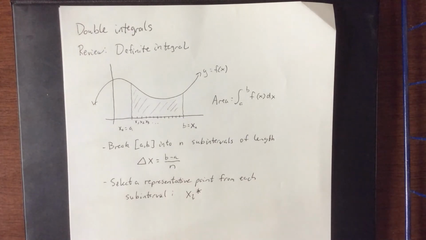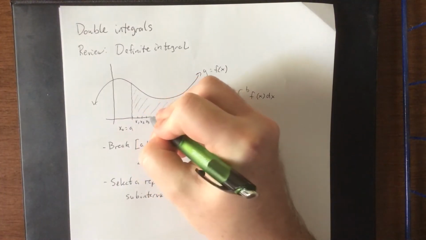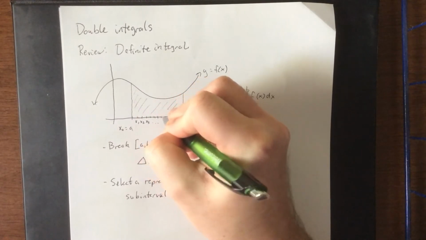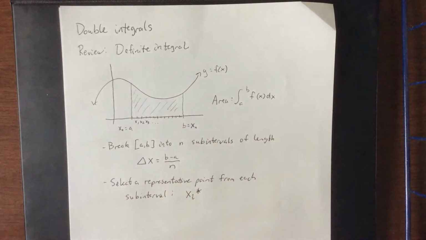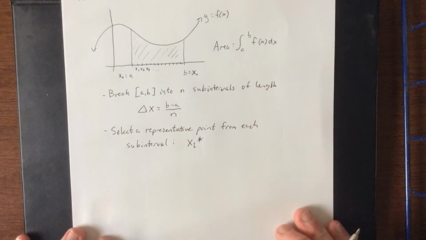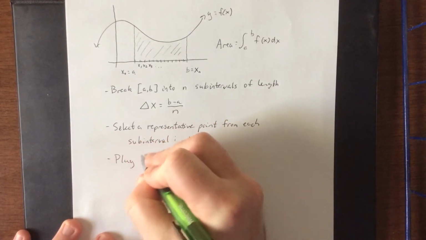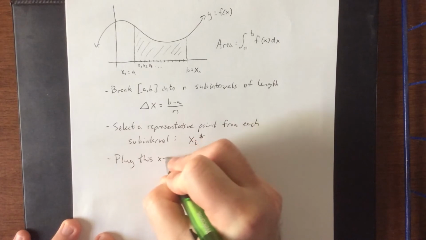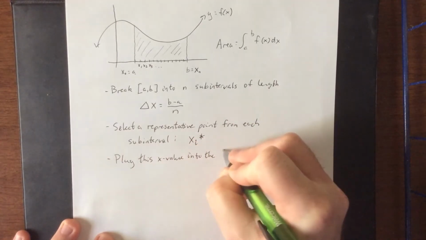We use the star to let us know that we really are talking about any point within each of those subintervals. So you could pick the midpoint, you could pick the left-hand endpoint, you could pick the right endpoint, you could pick the point that's 70% of the way through the interval. Honestly, the way that you selected the point didn't really matter. What did matter is that you plug this x value into the function.